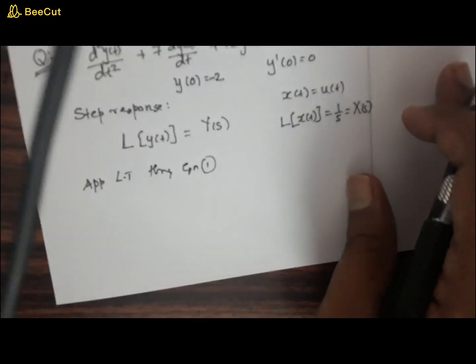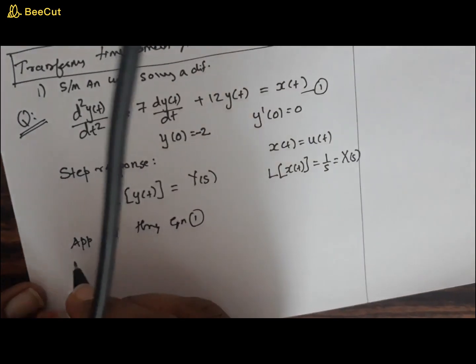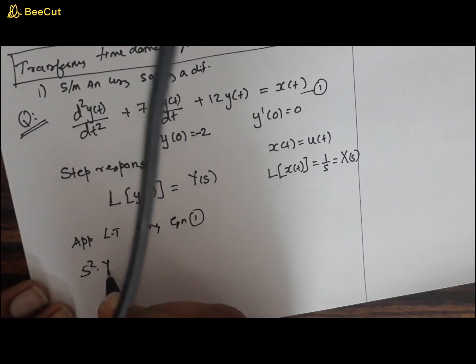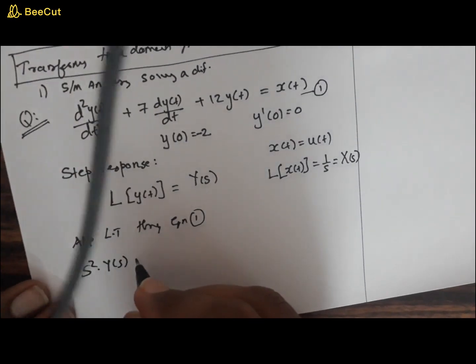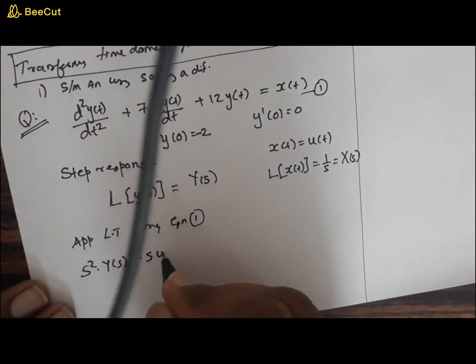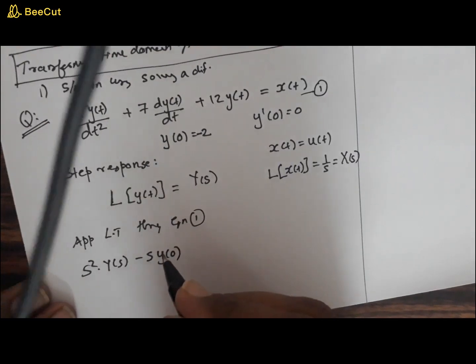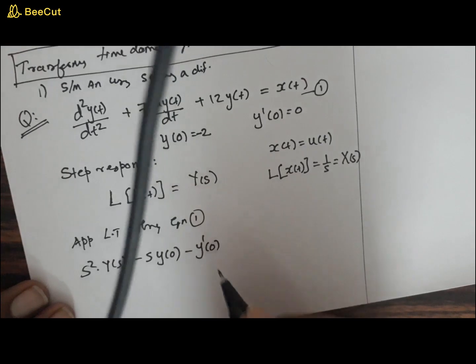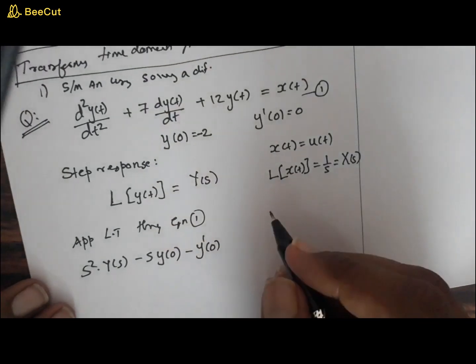Now applying that, so you can write the first equation. So what is this? This is s square into y of s minus s into small y of 0. What is that? That is the initial condition. Then the derivative at 0, y dash of 0. Okay, right?